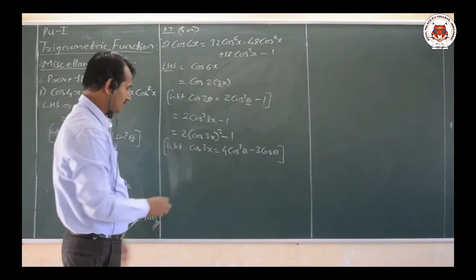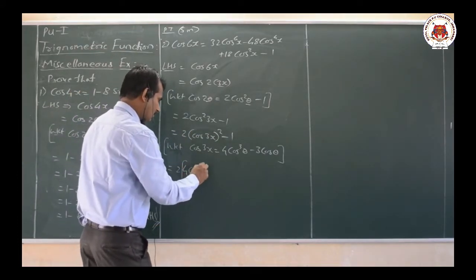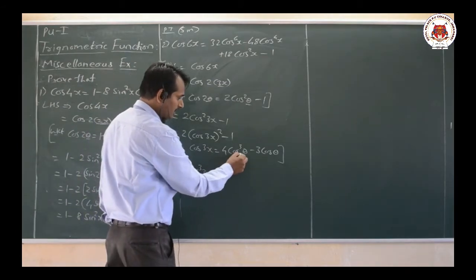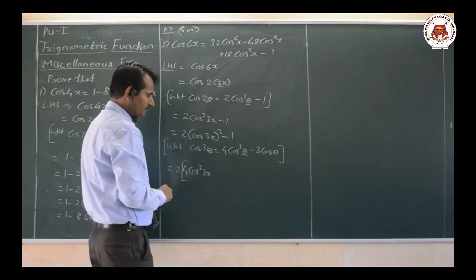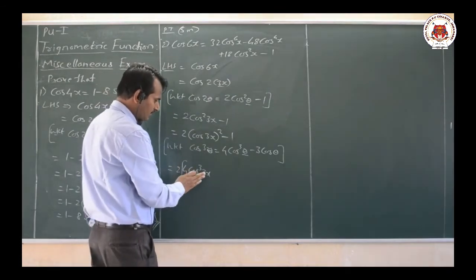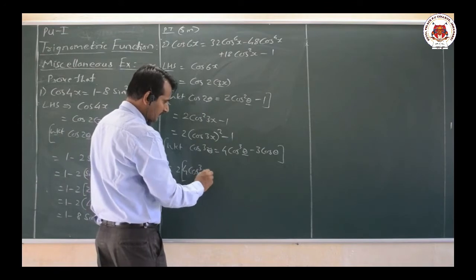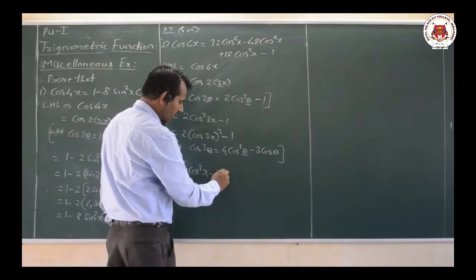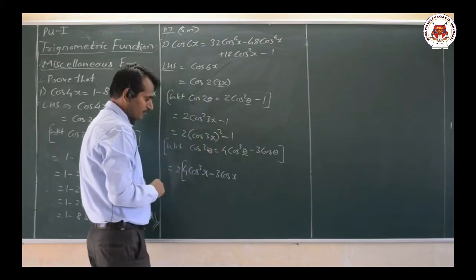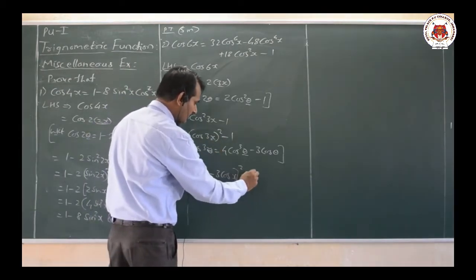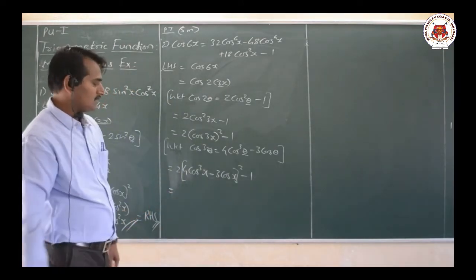Instead of cos 3x, we get 2 into 4 cos cube x minus 3 cos x, whole square, minus 1. Now directly we can square it.